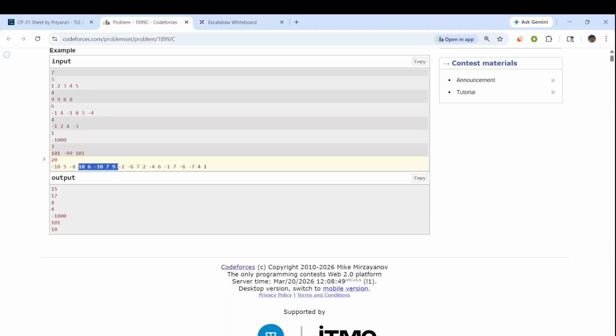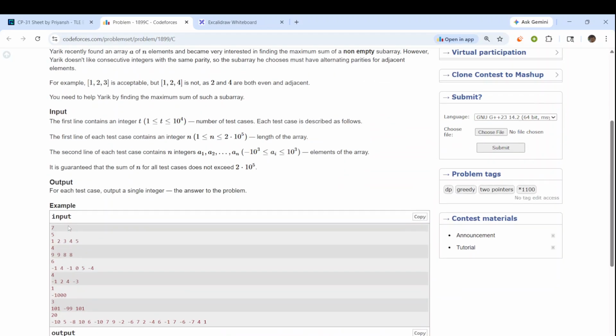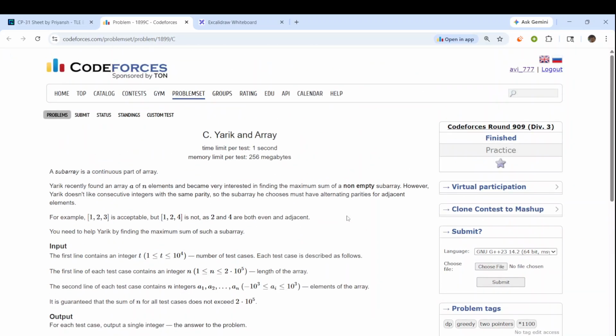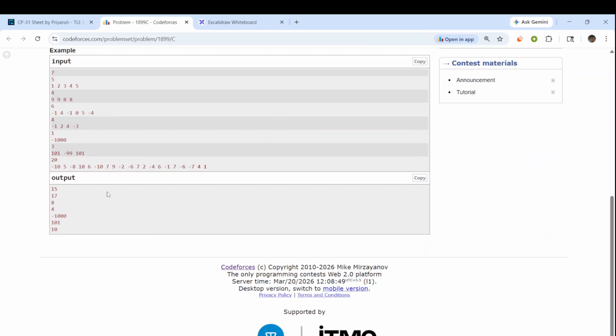The expected answer is 22 here. Yeah, I chose this area. Why is it 10? I got more than 10. Why is it 10? Wait. However, same parity. I forgot about the parity thing. The 10 6 will not work.